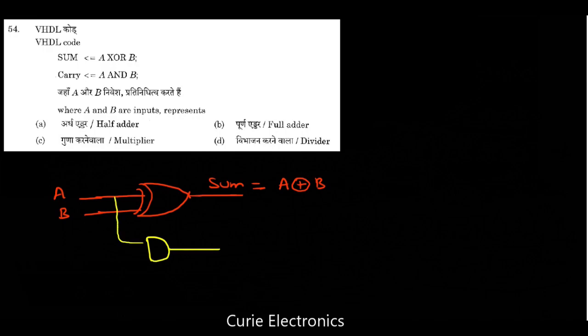Sum is given as A XOR B, and carry is A and B. So it is a half adder.